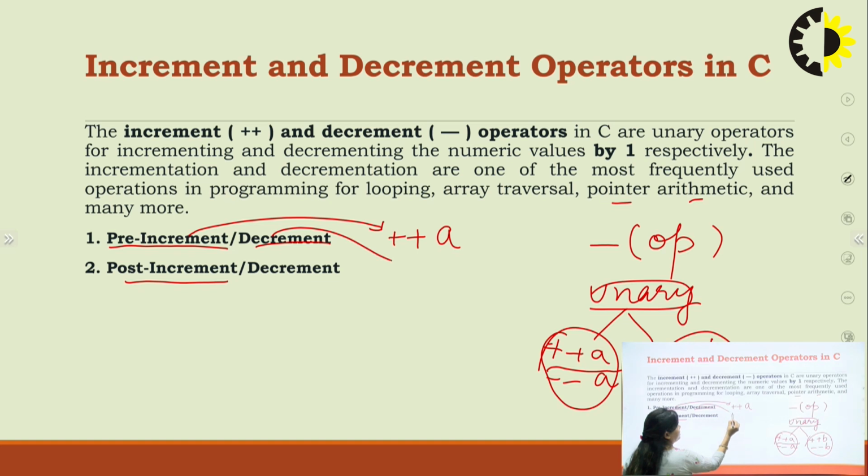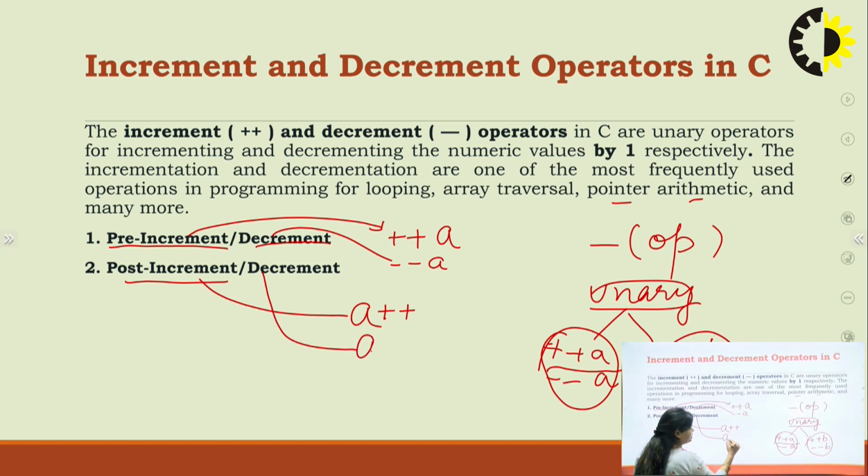And for decrement, pre means the operator comes before and the operand after, right? This is increment and this is decrement. And the same thing goes with post. The operand comes first and then the operator.